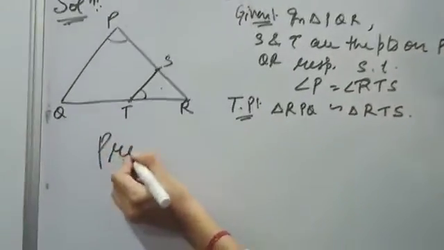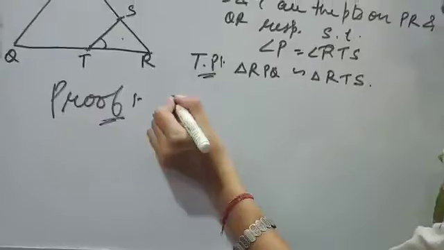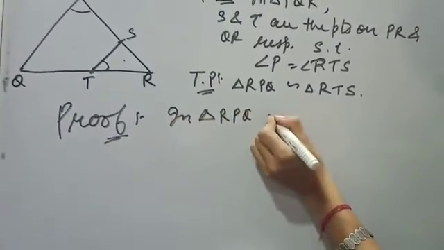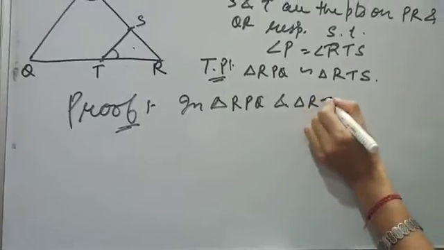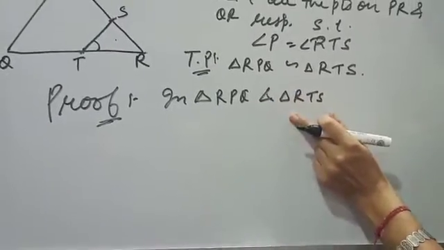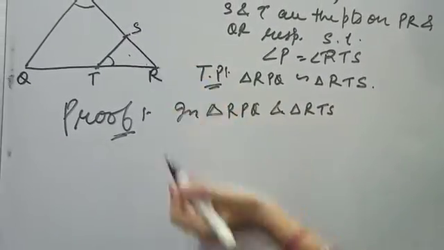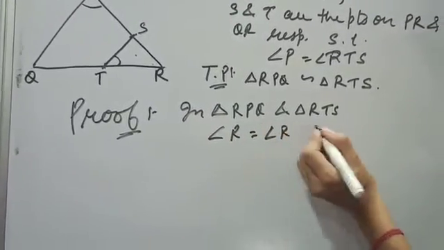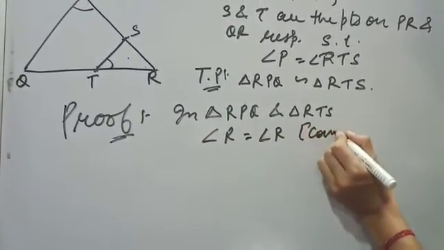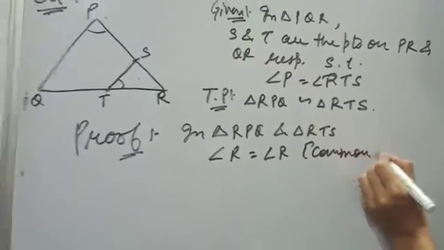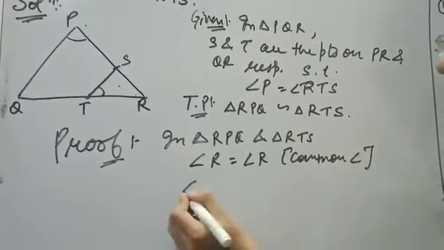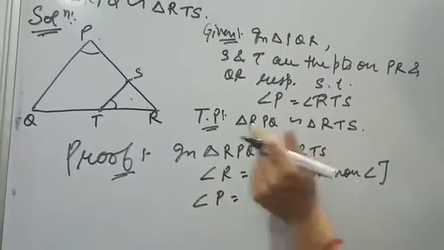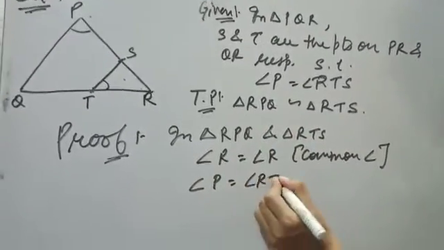Now in the proof, in both triangles RPQ and RTS, we can see that angle R is the common angle, so we write the reason: angle R is equal to angle R, common angle. Then it is given that angle P is equal to angle RTS.